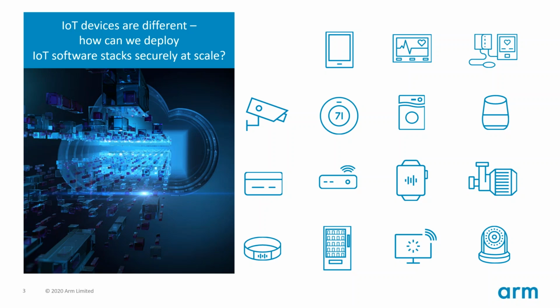So IoT devices are different. We know they are now already available in all different environments: at our homes, in buildings, on the streets, in industrial environments, and so on. They all hold different characteristics, and it makes it difficult to have a common ground for them.